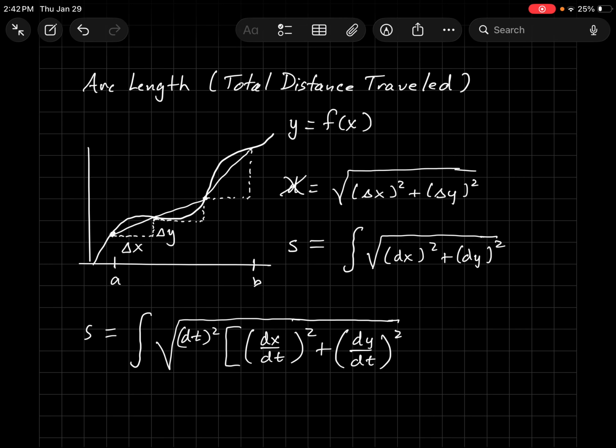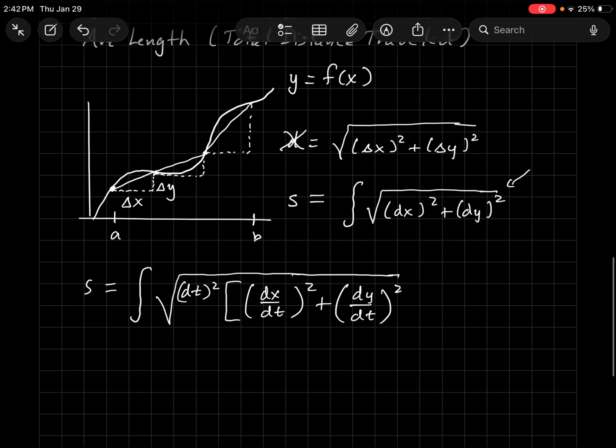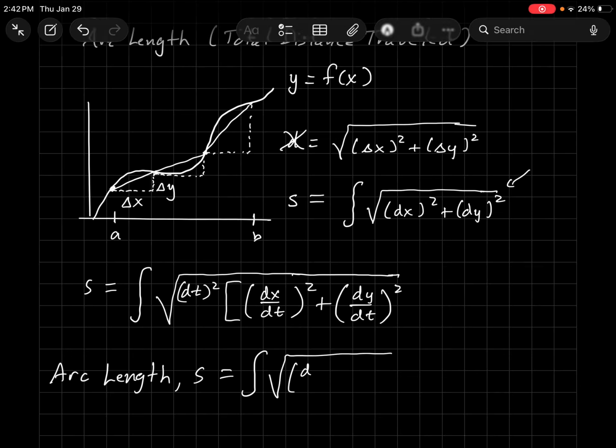If you're unsure, multiply this back out, and you'll see you get where you started. And then doing a little bit more algebra, I get my arc length S is the square root of dx dt squared plus dy dt squared.